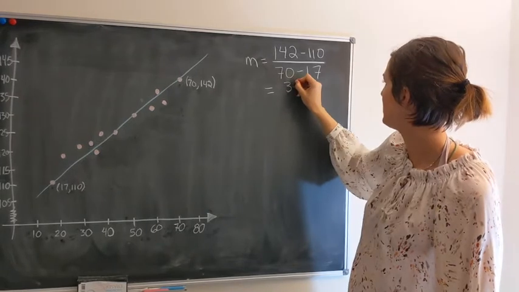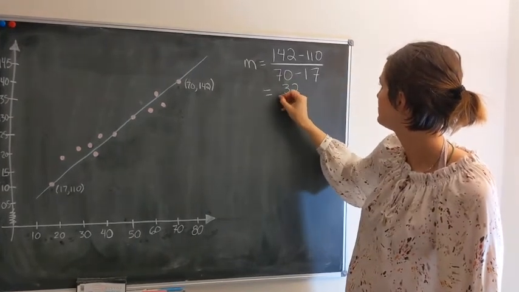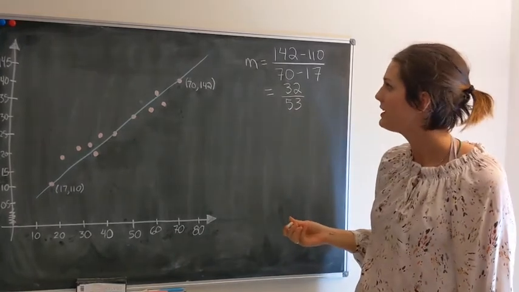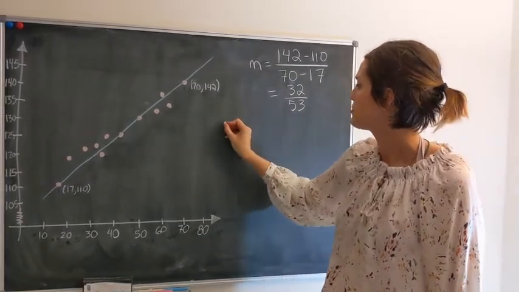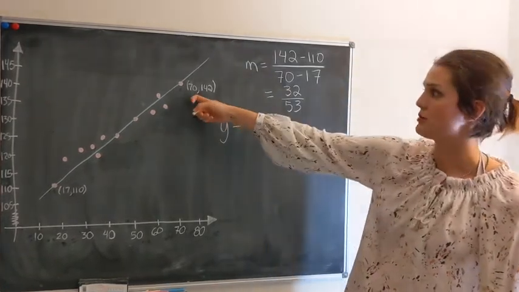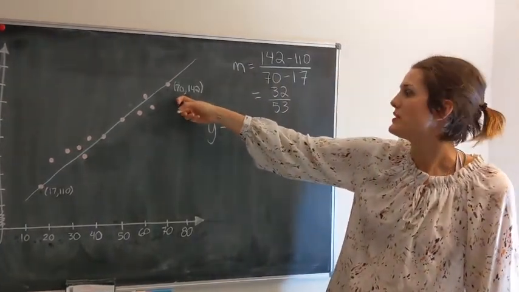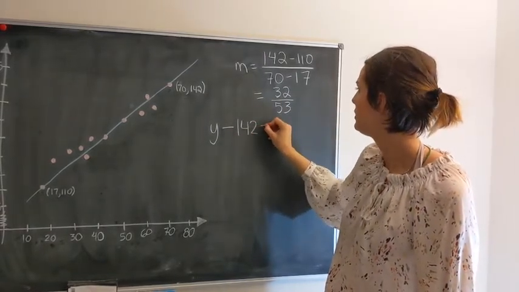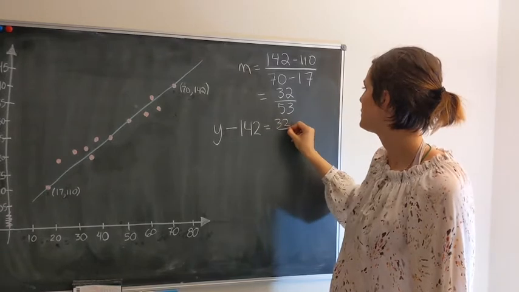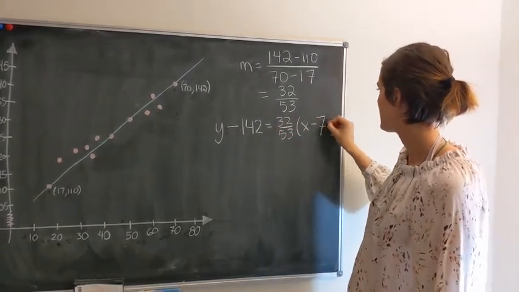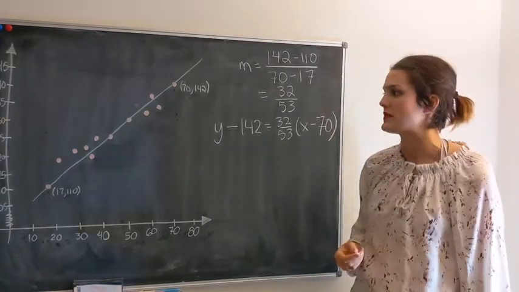So this will be 32 over 53, approximately. Then we can use point-slope form to write an equation for this line. I'll use the point (70, 142), but we can use any point that we'd like. So y minus 142 equals 32/53 times (x minus 70), and this will give us an equation for this line.